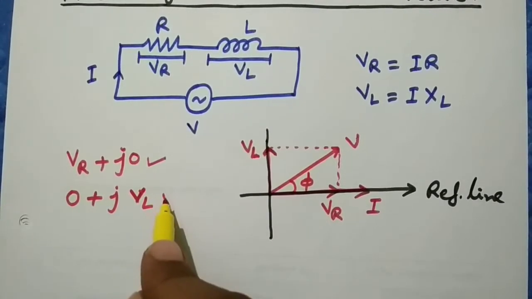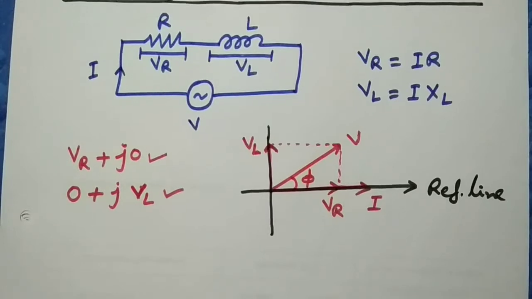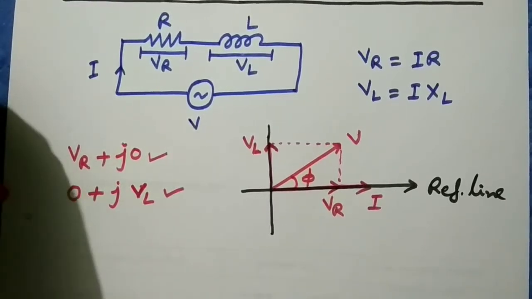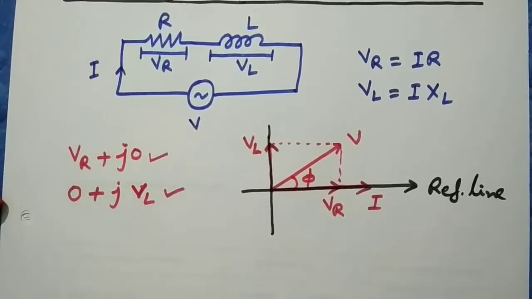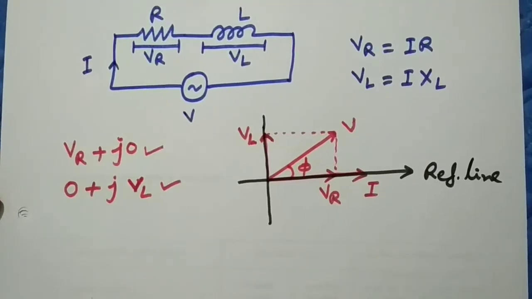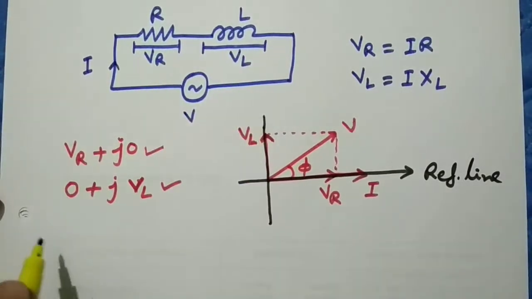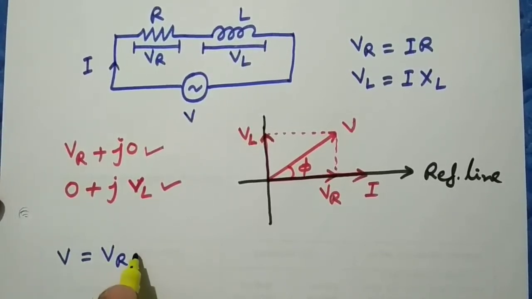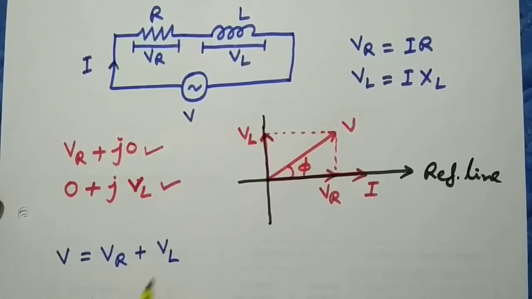So this is the complex notation of the voltage drop across the inductance. Now, if we apply KVL in this circuit, we know that the sum of all the voltage drops should be equal to the voltage source. So it will be V is equal to VR plus VL.